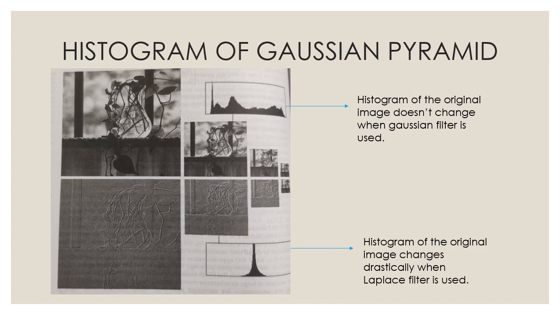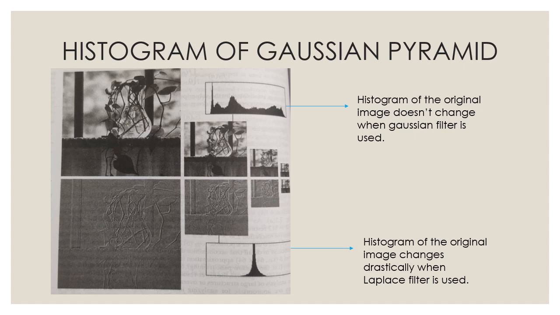The histogram of the original image and that after performing a Gaussian image pyramid will never change. It will remain the same; only the resolution and the size will vary. But while performing a Laplacian image pyramid, the size, resolution, and also the histogram will vary completely. Certain intensity values present at the edges will get heightened, and all remaining intensity values will subside.